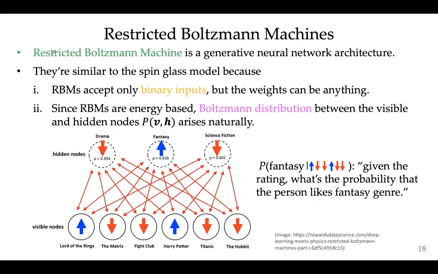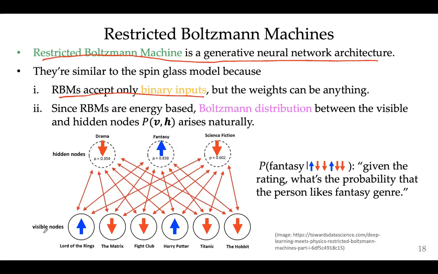Okay. So a restricted Boltzmann machine is a generative neural network architecture. They're similar to the spin glass model in two senses. One of them is that restricted Boltzmann machines accept only binary inputs. So this is the architecture.